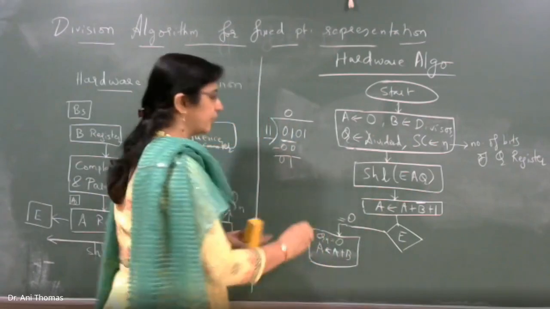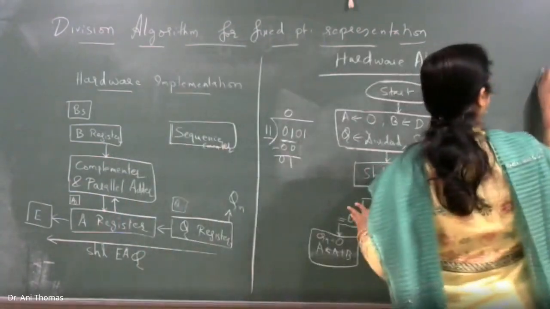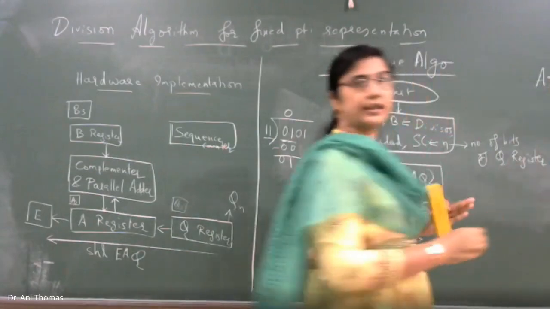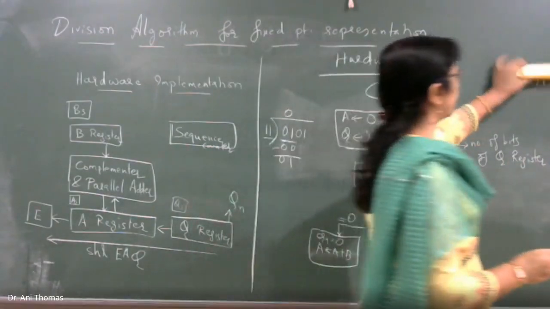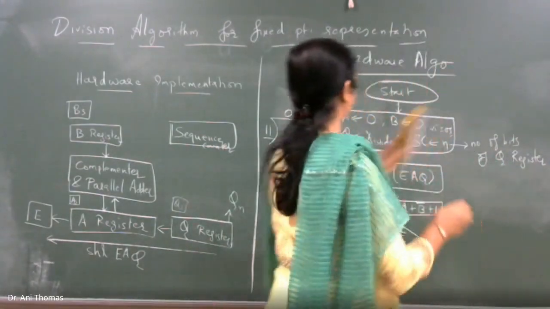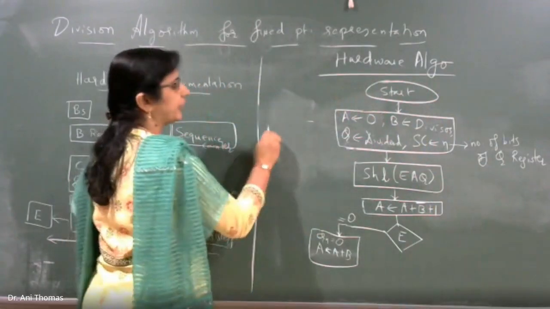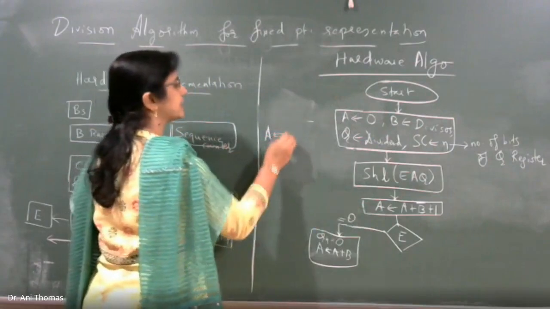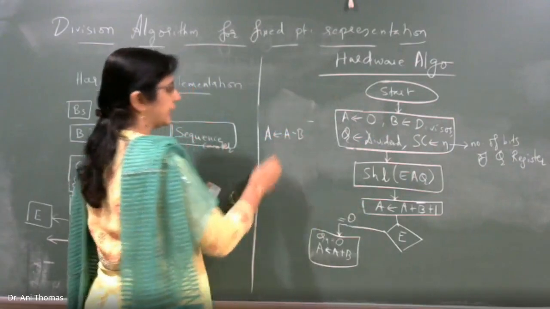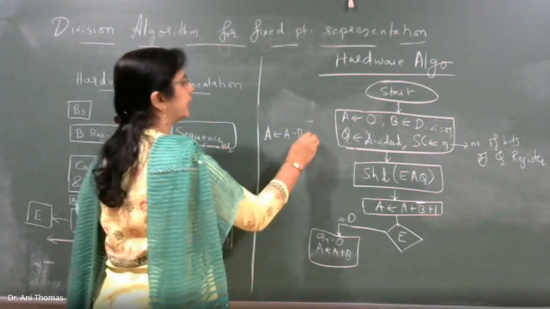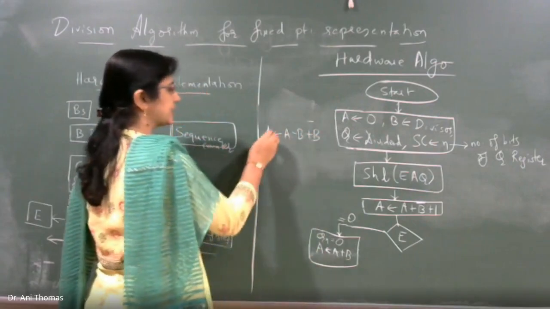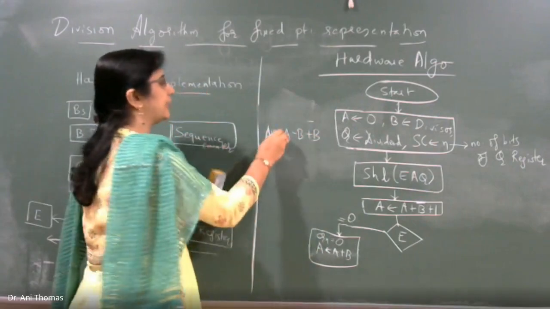So that we have already done here. Sorry, you are not able to see from here. I'll write it here. We have already done A minus B, and now we are doing A plus B. So what will it be converted into?